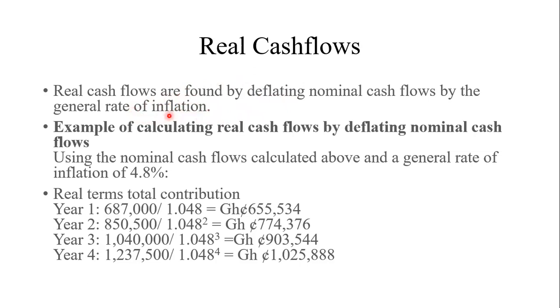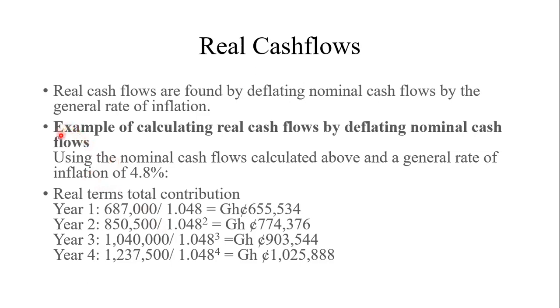And we had to use the Fisher formula and make real inflation the subject of the equation. And we arrived at the real inflation by actually deflating the nominal cash flows that we had. So here we are going to look at real cash flows, not real cost of capital. It's basically going to be a similar principle.